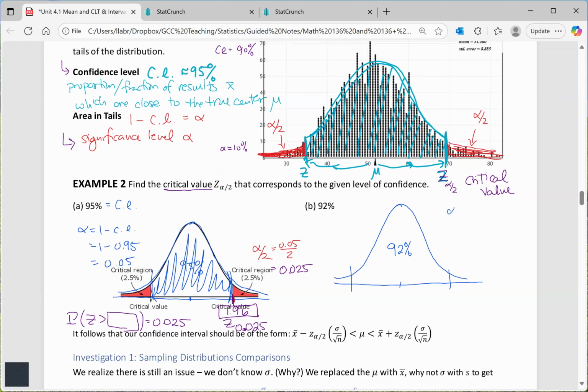So that means alpha equals 1 minus this confidence level. And therefore, I can find the area in a single tail and then determine the critical value. So go ahead and wrap this problem up. And I'll see you in the next video.